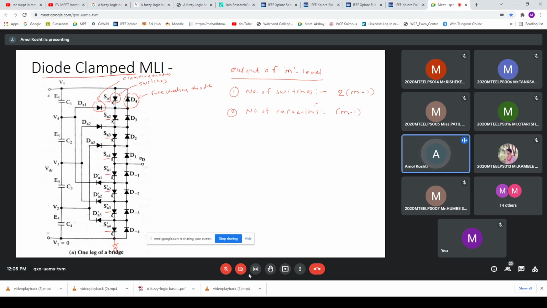If you go for 7 level, 7 minus 1, 6 capacitors will be there. We have to add 2 more in series. If you go for 9 level output, 9 minus 1, 8 capacitors we have to add. Similarly for the number of switches, if you go for 9 level, 9 minus 1 is 8, 8 into 2, 16. So you have to use 16 switches.